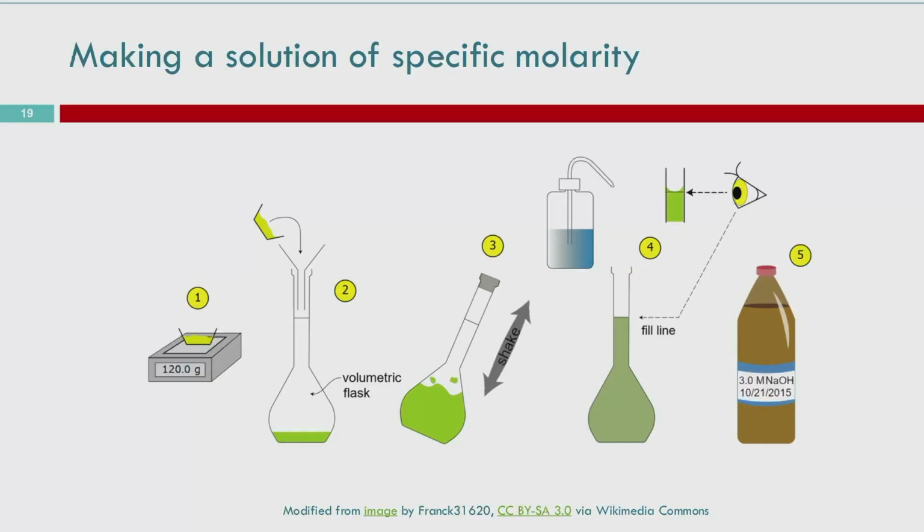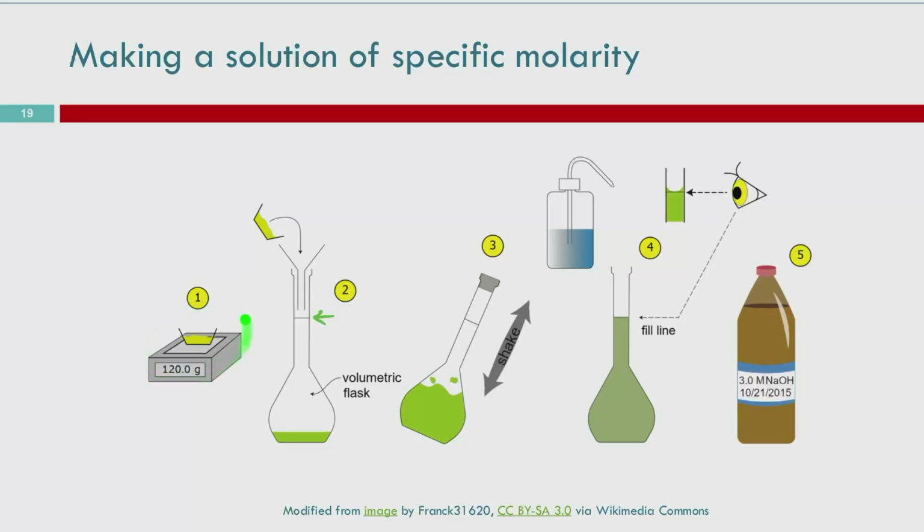The volumetric flask is a piece of glassware that is useful for measuring exactly one volume. There's only one volume that you can measure with a volumetric flask. That's the only volume that it's good for, but it's really good at measuring that one volume. So this line on the skinny little neck of the flask, that's where we stop. That's our one volume that we can measure with this.